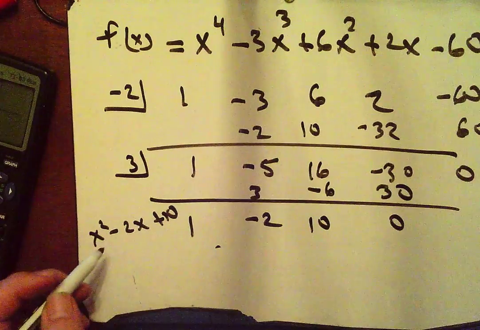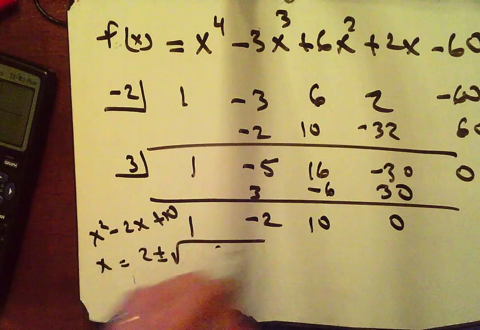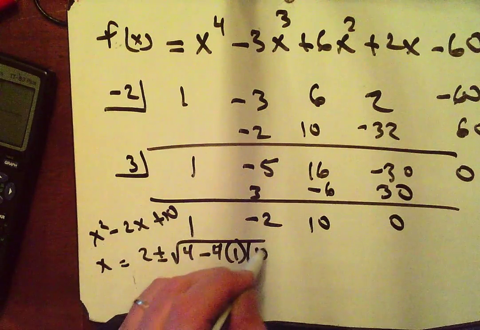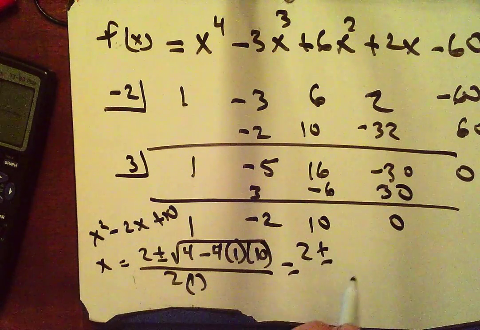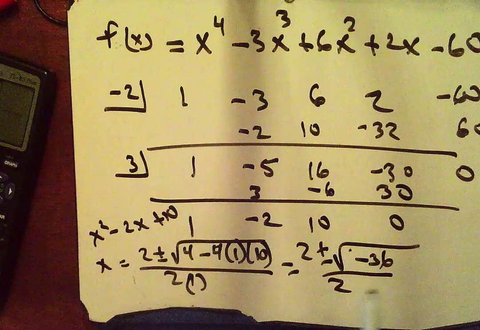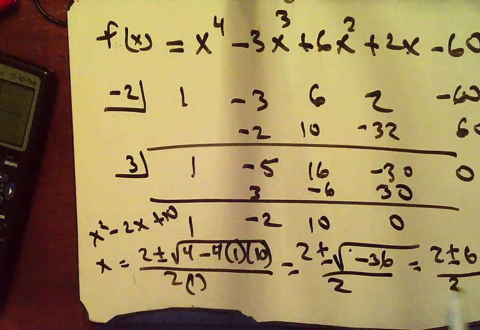Okay, so minus b plus or minus square root b squared minus 4ac all over 2a. So that's 2 plus and minus, 4 minus 40 is negative 36. Oh, 2 plus and minus 6i over 2.